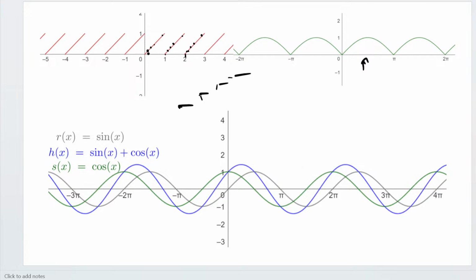Now this point is 0.1, let's say. Then what is this point? Is it minus 0.1 or minus 0.9? It is minus 0.9. At minus 0.9, we discussed that the value of this function is 0.1. At minus 0.8, that is this point, the value of the function is 0.2.